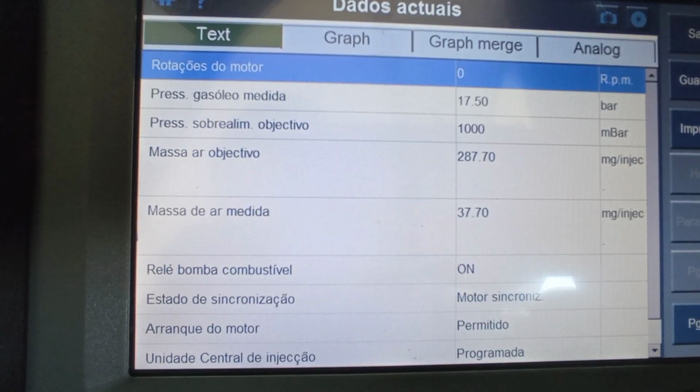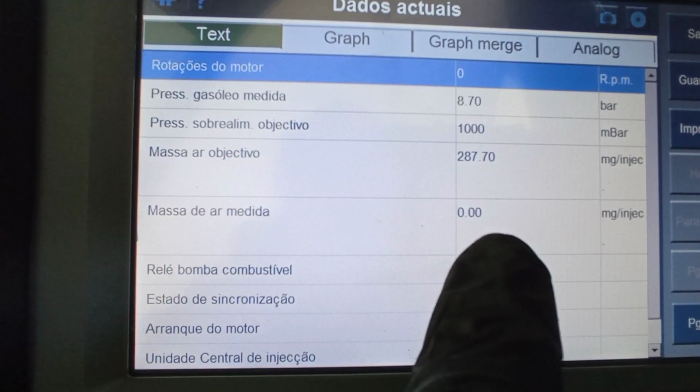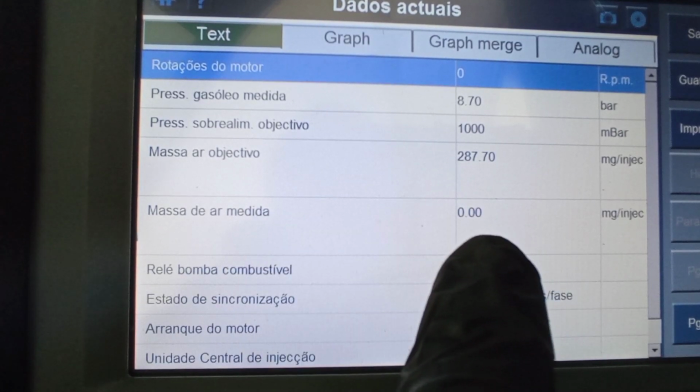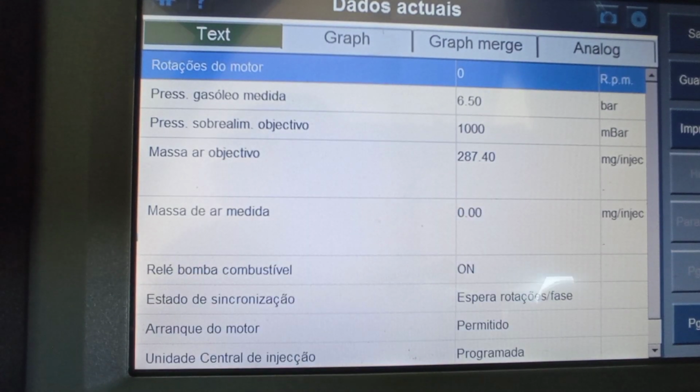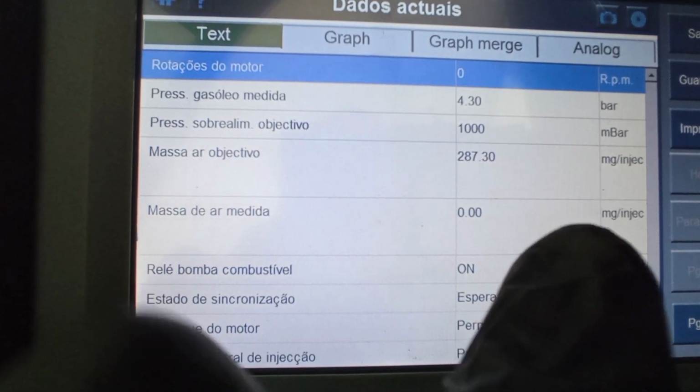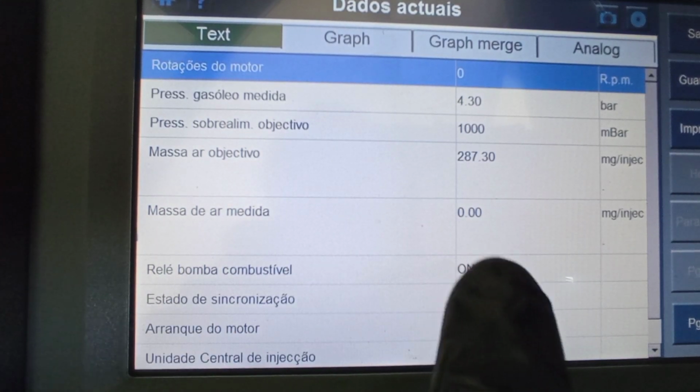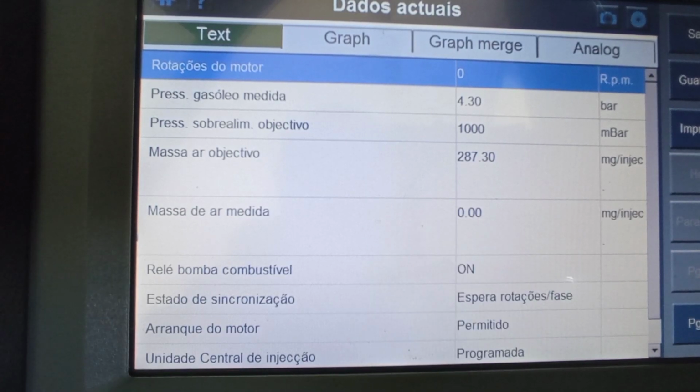Can you see that? Look at that. Measured air mass, the math. Nothing, okay? There is something, but I cannot do it really well. But imagine it is really close to zero.